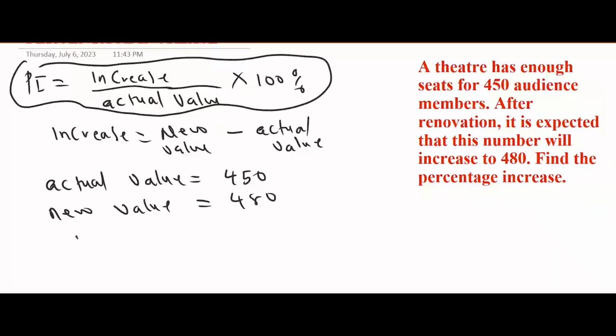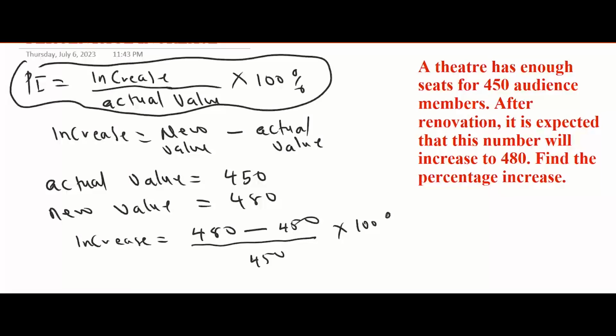Okay, so the increase in this case will be equal to the new value, which is 480, subtract the actual value, 450. 480 take away 450 is the increase, over the actual value, which is 450, then multiplied by 100%.